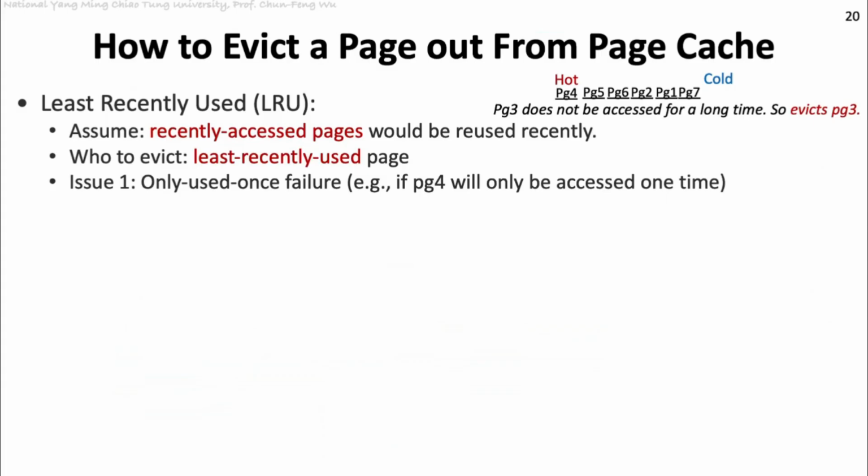But if we could know the whole access pattern, and page 4 is only accessed one time, then page 4 is actually cold data in terms of the whole memory access. But at this point, we cannot predict the future, so we move page 4 to the hot area. Okay, so this is the first issue.